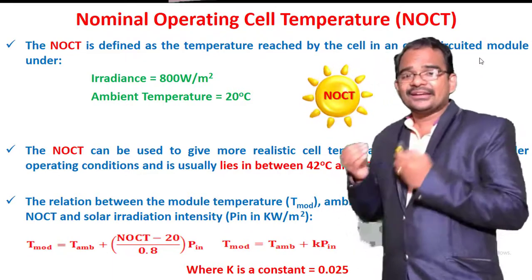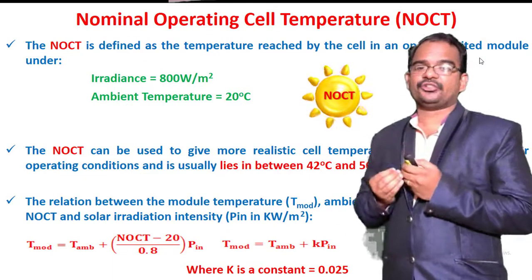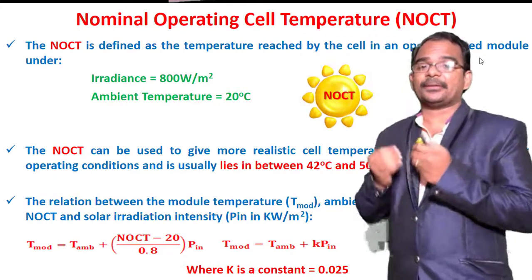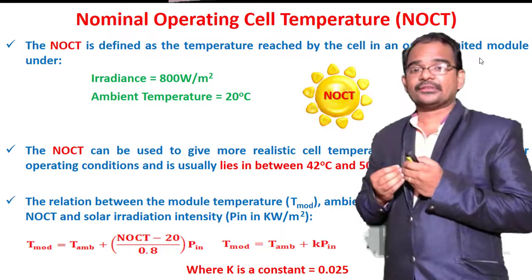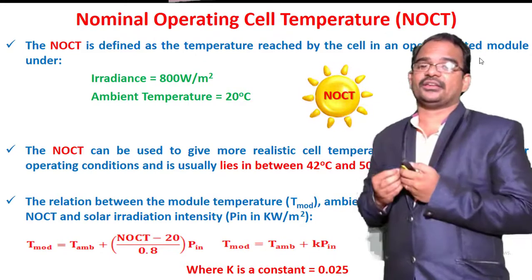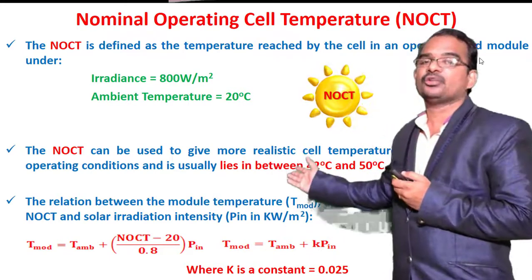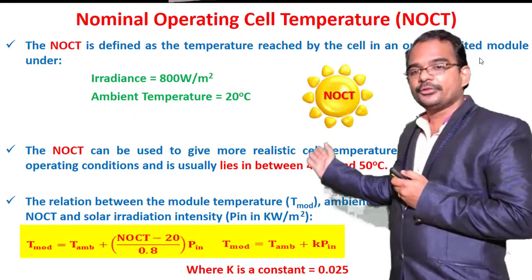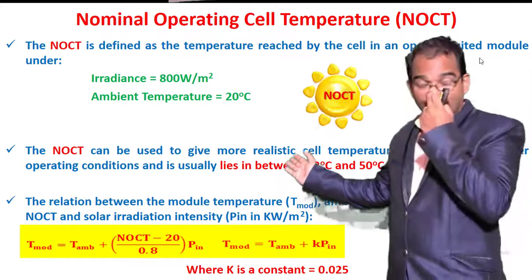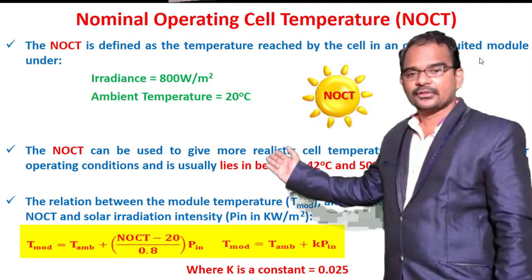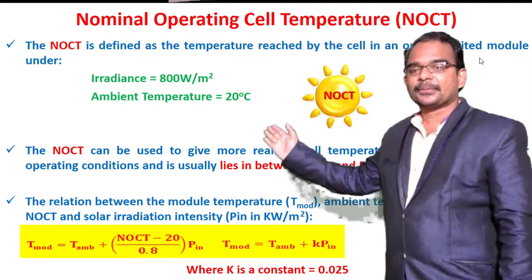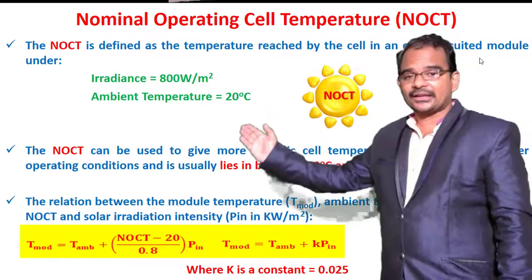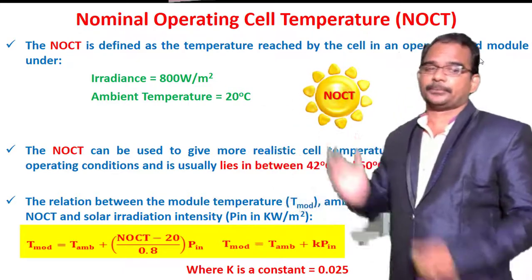So the relation between the module temperature, ambient temperature and normal operating cell temperature as well as the solar radiation intensity is given in the following equation. That is, T module, the module temperature, is equal to the ambient temperature plus (NOCT minus 20) by 0.8 into the solar radiation intensity P input.